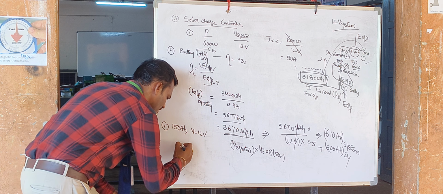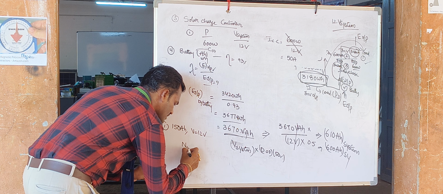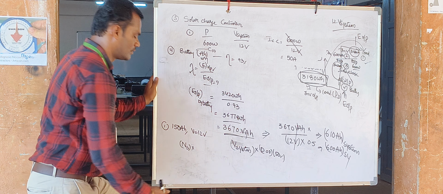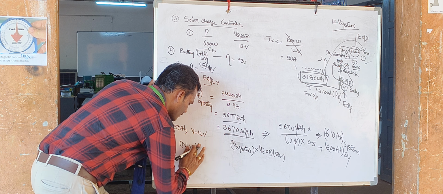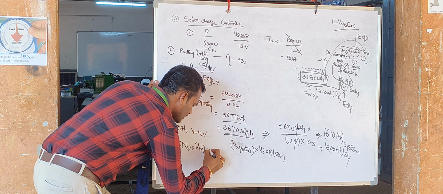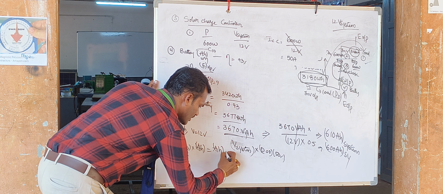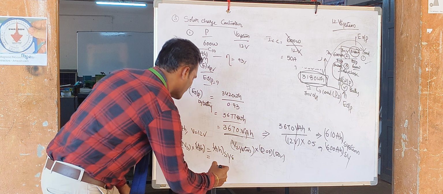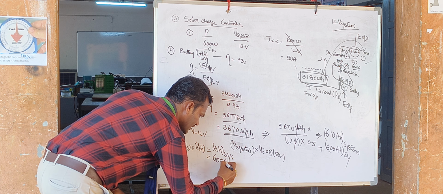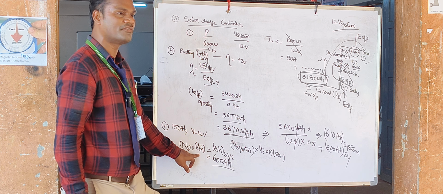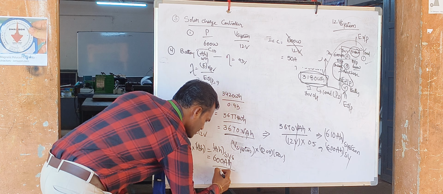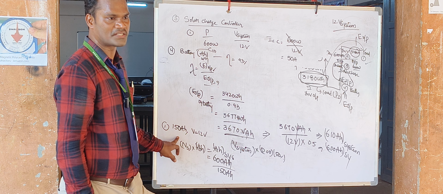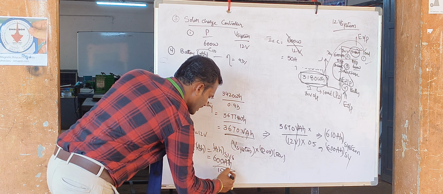The formula is: number of batteries in series connection into the Ah rating of the individual battery is equal to the Ah rating of the system. What is the system Ah? We got 600 Ah. Divided by the individual Ah of a single battery, how much? 150.